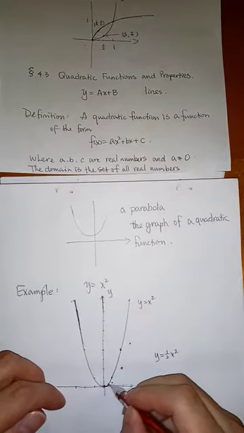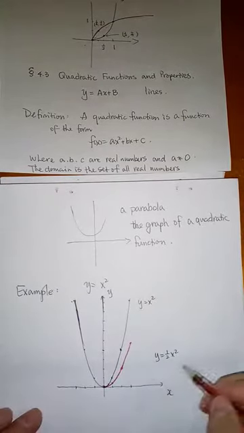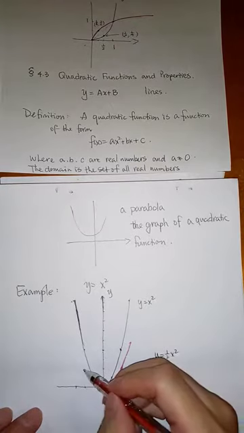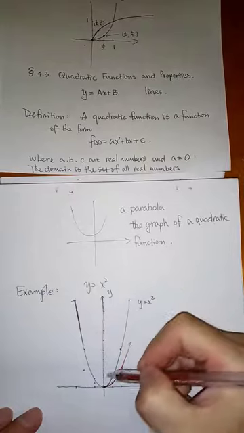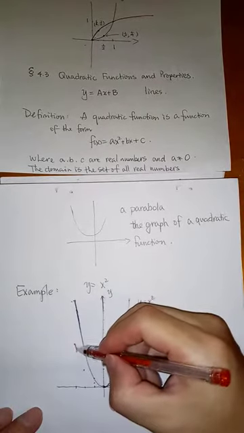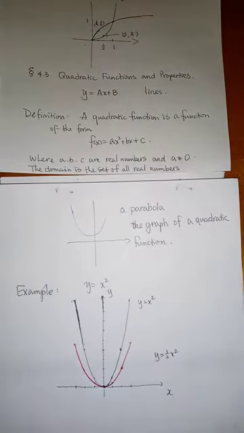So it's like this. Again, it's an even function. So you have the symmetric points here. Okay, so this is y equal to 1/2 x squared.